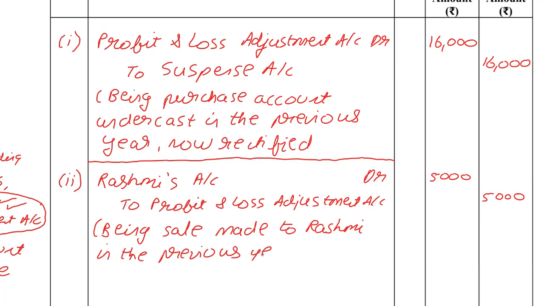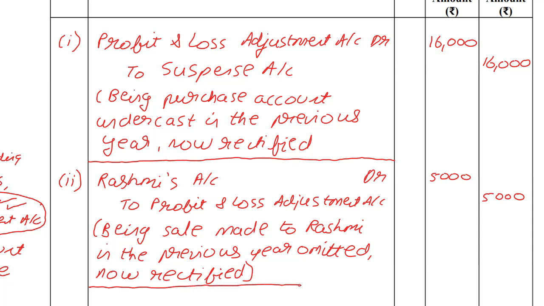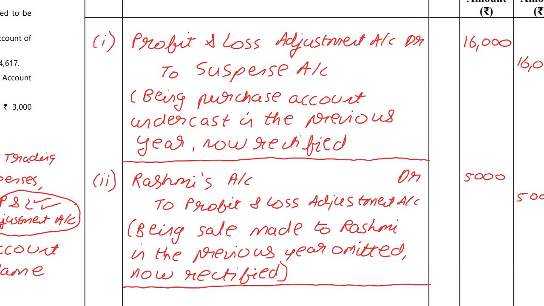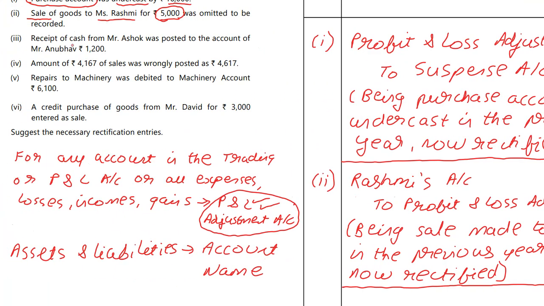In the previous year, okay, so being dash mistake, what is the mistake? Omitted, right? Omitted means you did not pass the entry only. You skipped it, you forgot. Either way, it's been omitted. Omitted, now rectified. Simple. All right, amount is also done. Narration is also done, and I am drawing a horizontal line. Okay, with that, we are now in a position to go to the third entry.